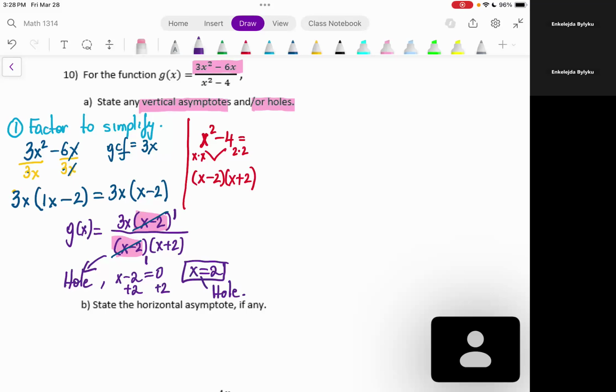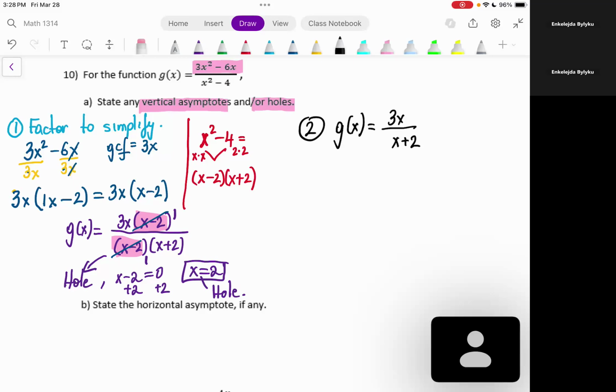All right. Now, for step number 2, after we simplify x minus 2, both top and the bottom, now our simplified form of g of x is 3x on the top and x plus 2 at the bottom.